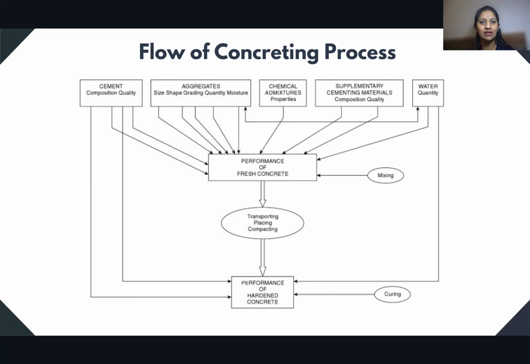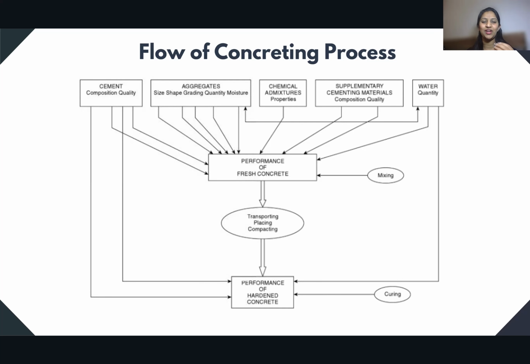And then finally, the water, for the water cement ratio that is actually required for the workability of the concrete, for any kind of casting. All of these things play a vital role individually, without even having an interlink with each other.